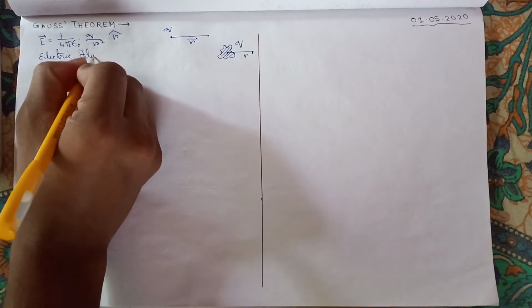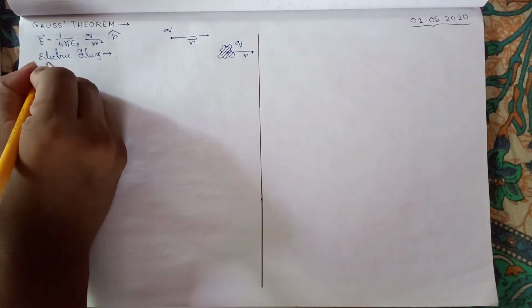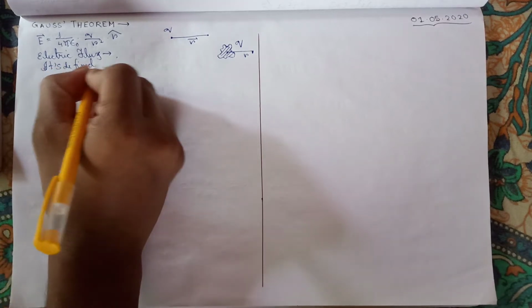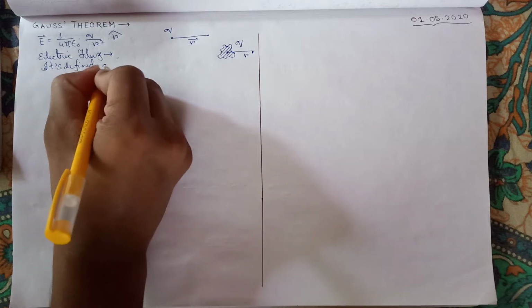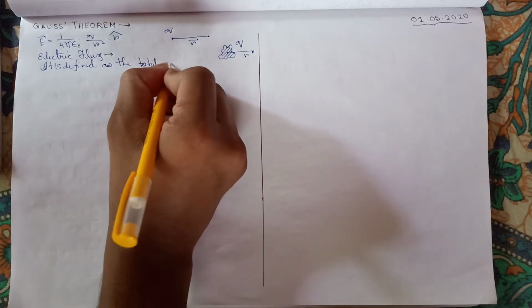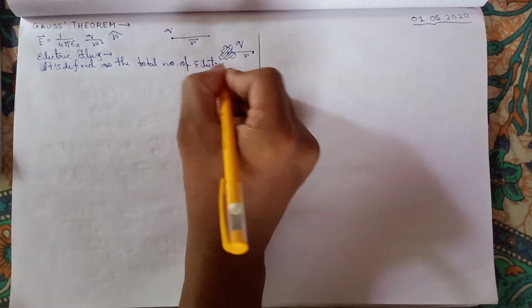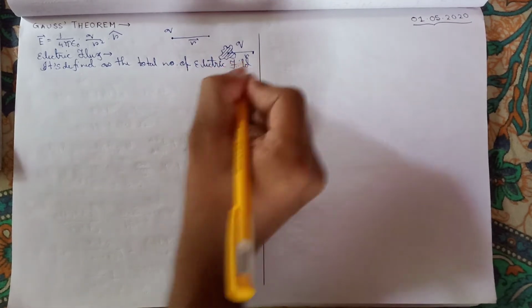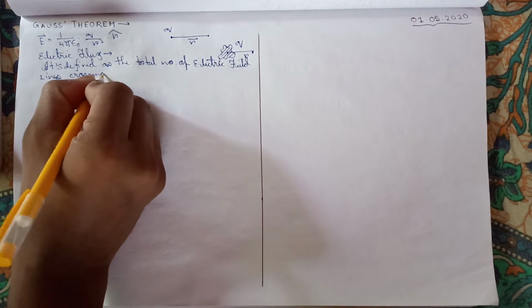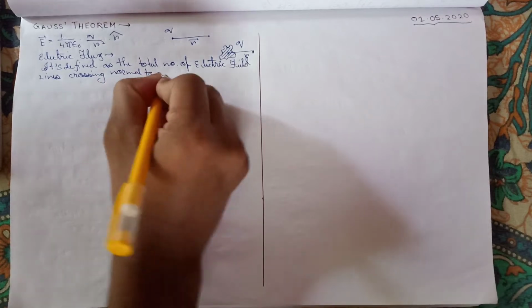Electric flux. So what is electric flux? It is defined as the total number of electric field lines crossing normal to a surface.